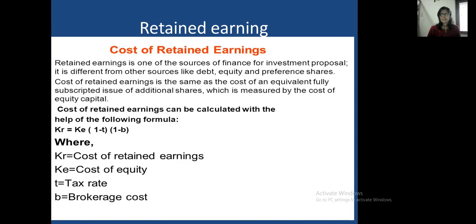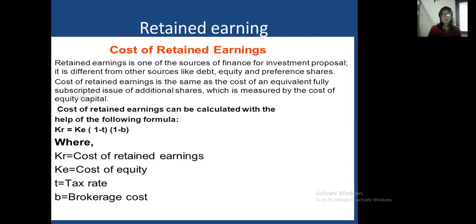Because cost of retained earning is the same as the cost of an equivalent fully subscribed issue of additional shares. Cost of equity shares की तरह ही ये है. Cost of retained earning में क्या है कि आपका जो source है वो आपका profit का part है. ये आपने profit को retain करके रखा होगा, तो वो आपकी earning है जो आपके profit का ही part है. इसलिए ये internal source of financing है. और इसकी क्या cost होती है?